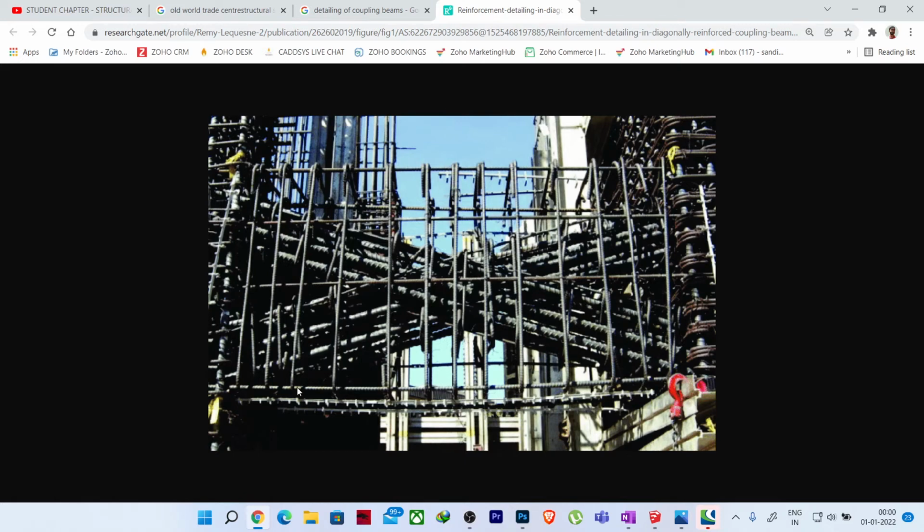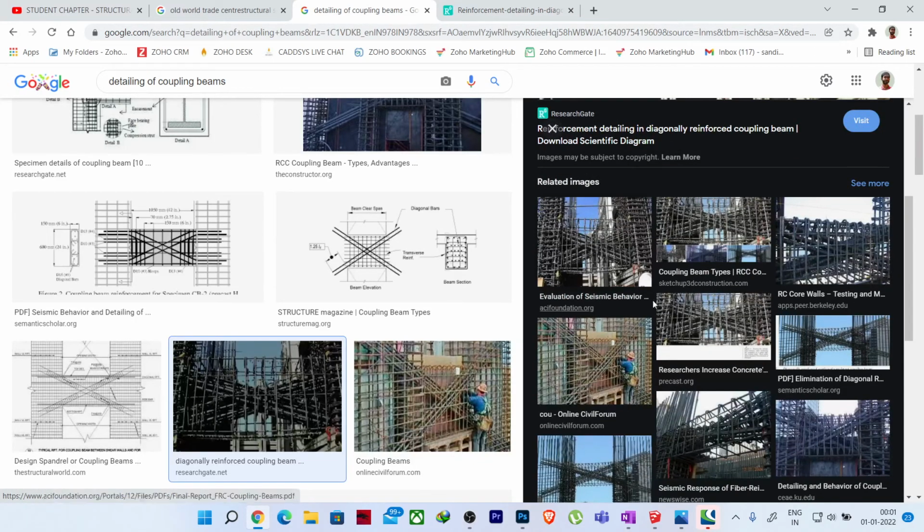This is a small beam, but just see the amount of reinforcement you need to provide to get the effect that I have just explained. It will be very critical to provide this kind of reinforcement.